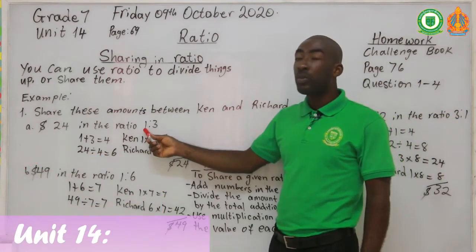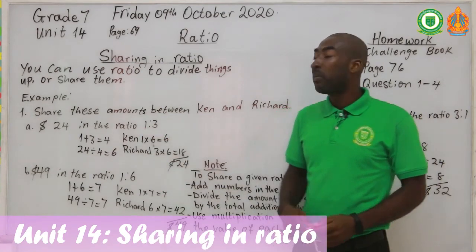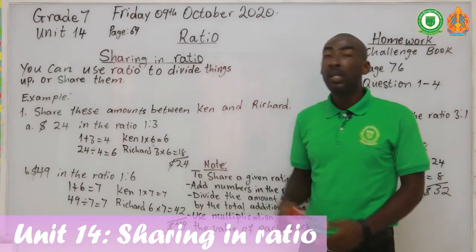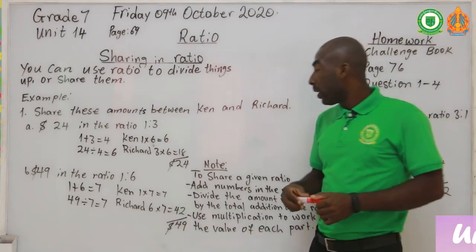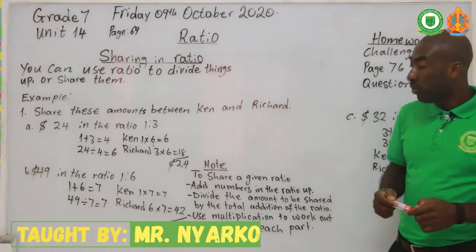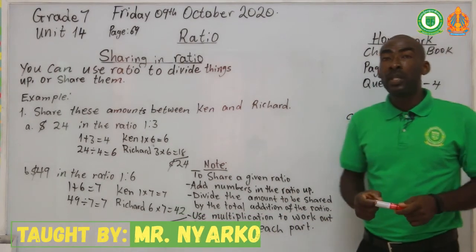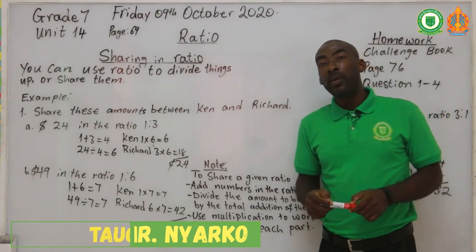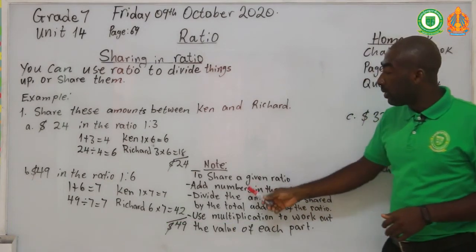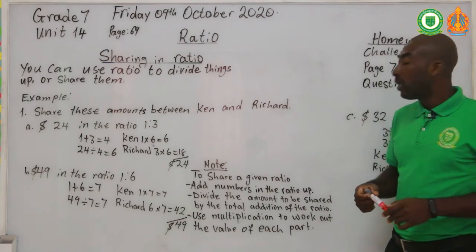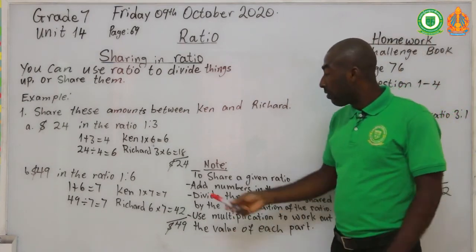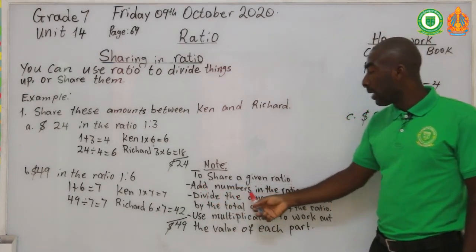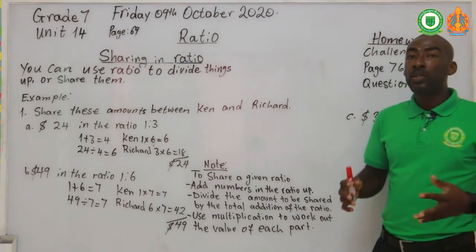So Ken has to be the first item, and then Richard will be the second item. The key thing that you need to keep whenever you are using a ratio to do sharing or dividing are these 3 key statements. The first one is you need to add up your ratio numbers.